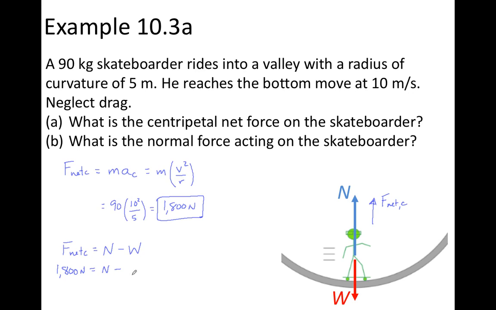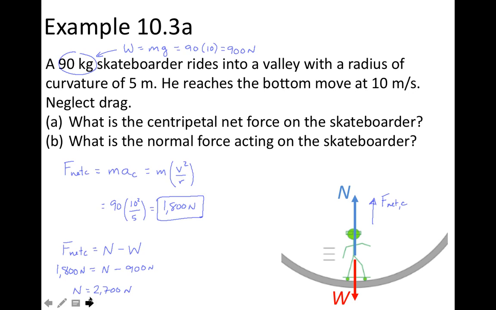And the weight force is going to be the object's mass, which is 90 kilograms, multiplied by g. We use a value of 10 for g. So the skateboarder's weight is 900 newtons. And so the normal force acting on the skateboarder is going to be 2,700 newtons.